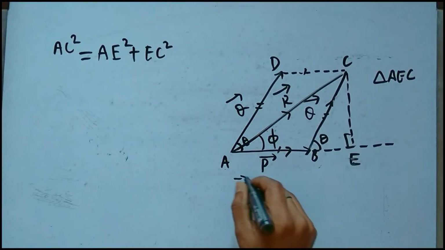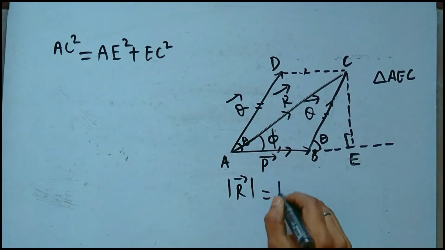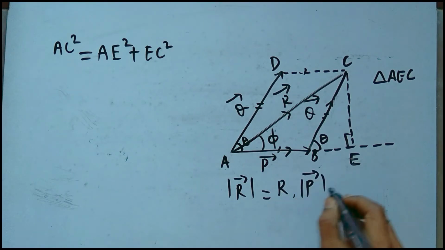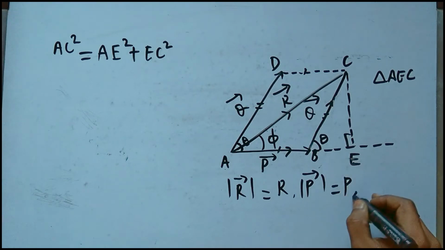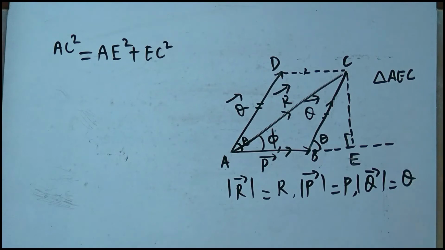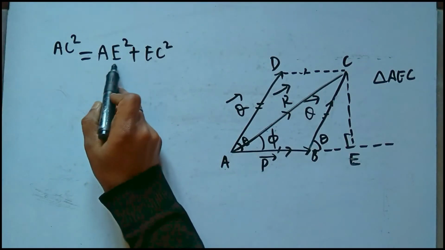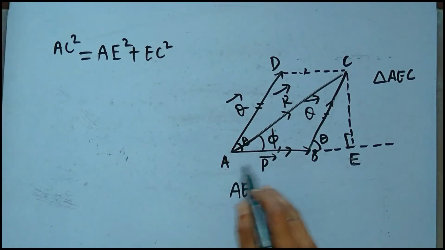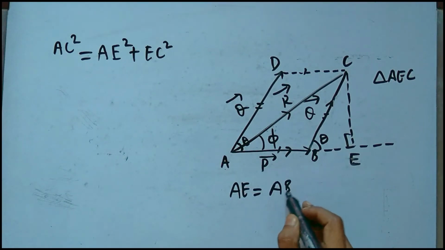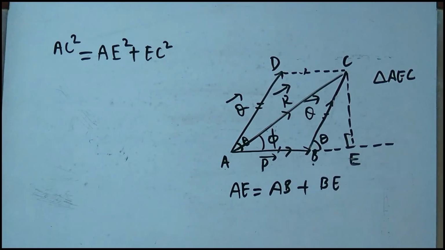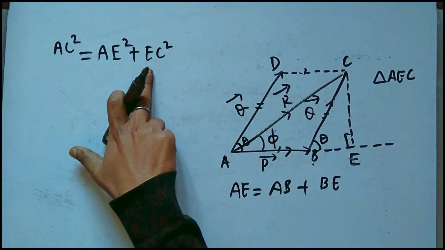Here the magnitude of resultant is represented simply as R. For P it is simply P, and for Q it is simply Q. Now we need to find AE. We know AE is equal to AB plus BE, and even we have to find EC.